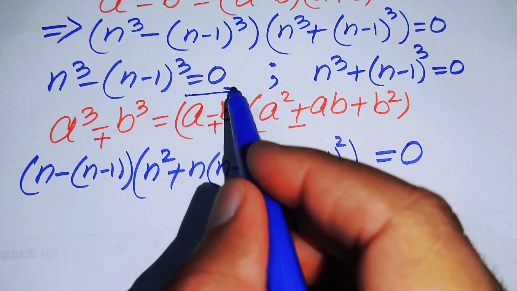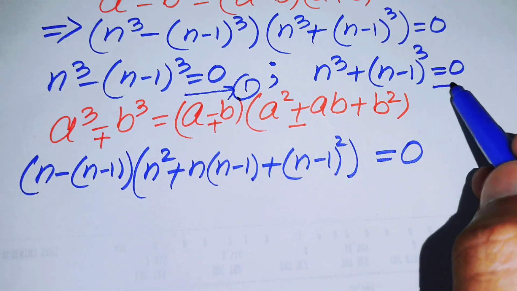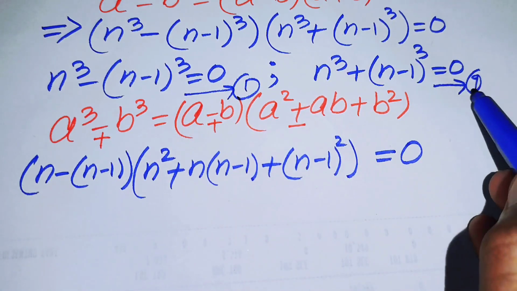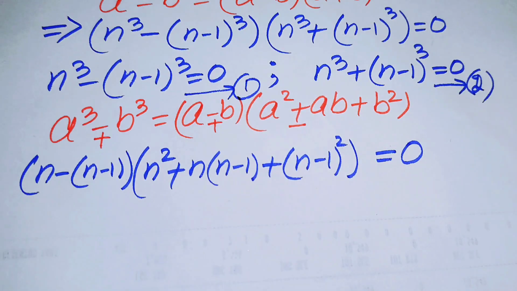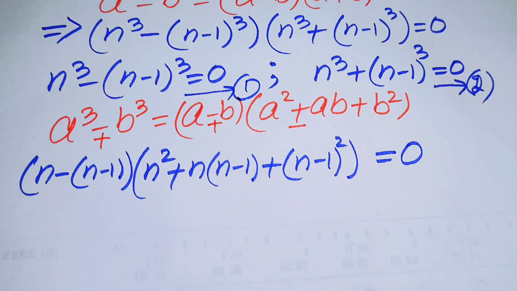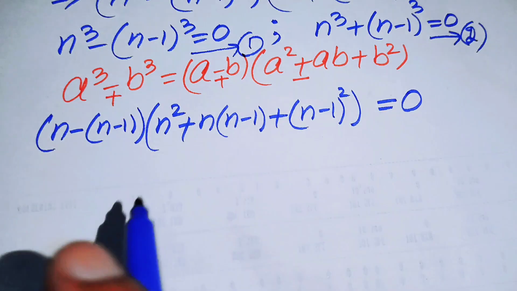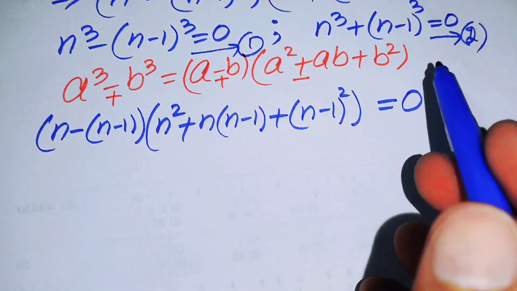First I can name this equation number 1, and this is equation number 2. So now first I can solve the first case, equation number 1, and after that I can solve equation number 2.